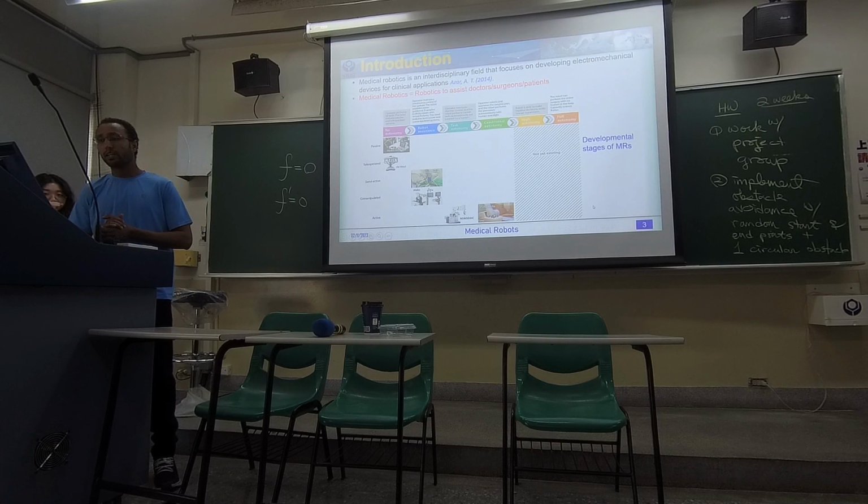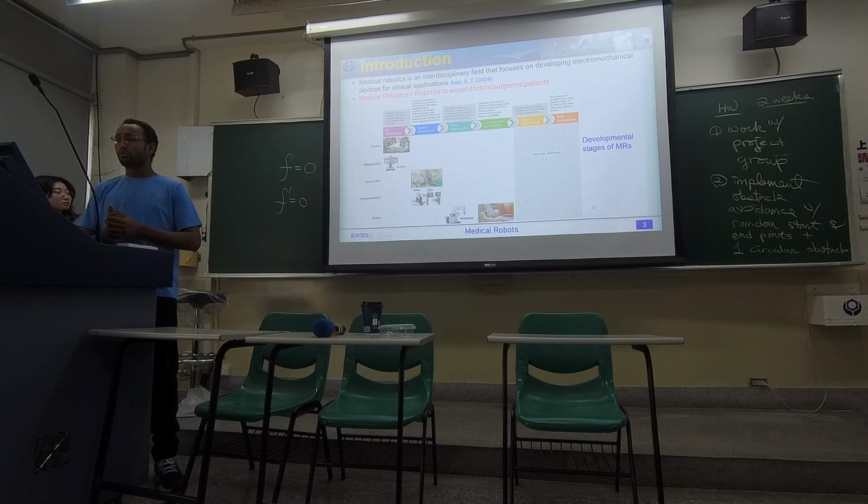So the operator maintains discrete control and the robot performs certain tasks autonomously, but initiated by a human. Then in the late 2010s, the robots added some cognitive autonomy. The operator selects and approves the surgical plan. Then the robots can do some autonomous tasks.